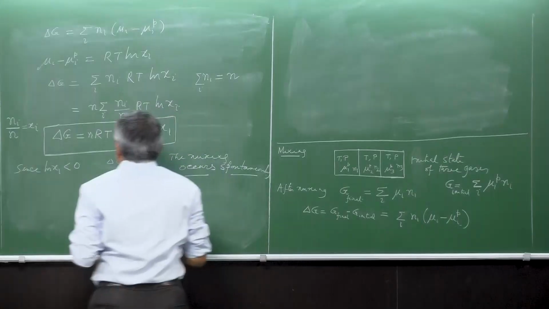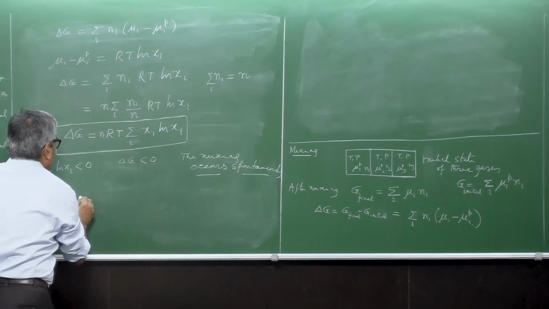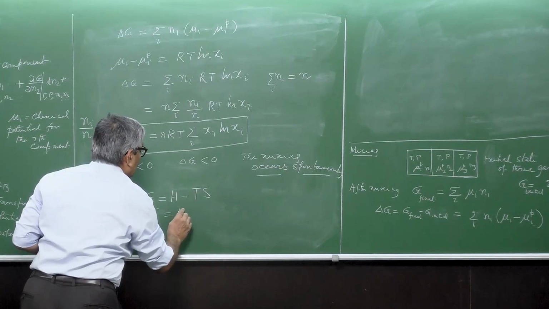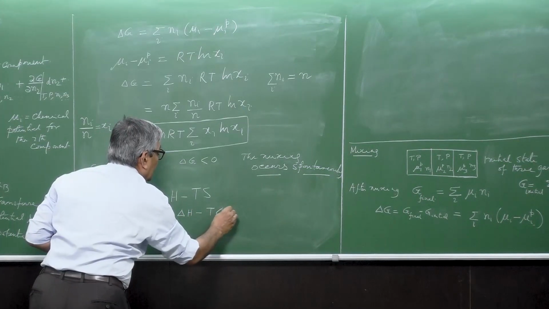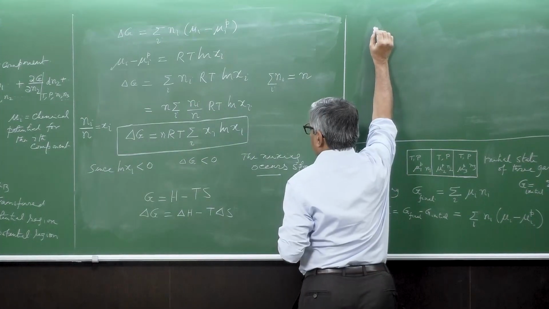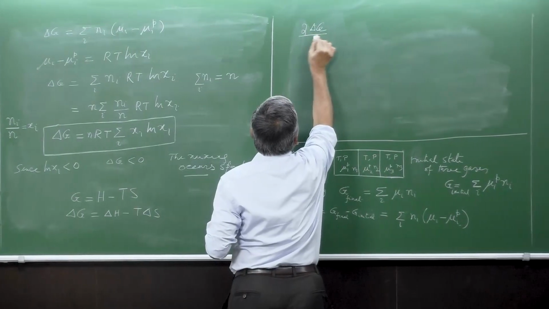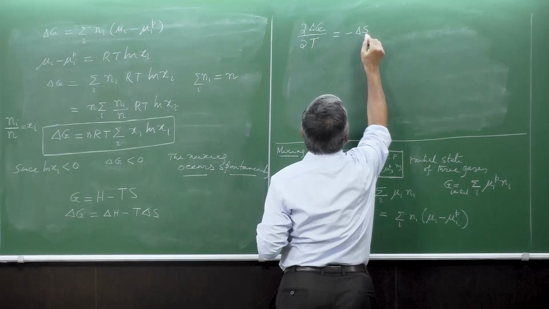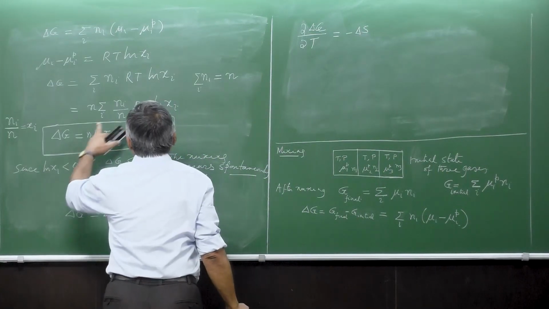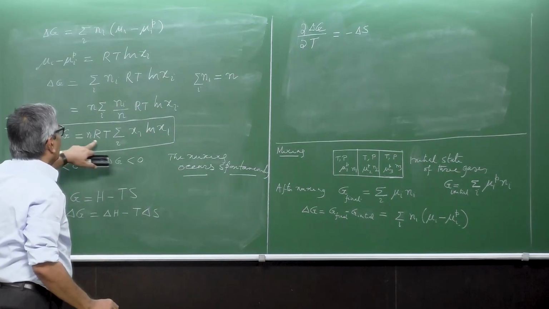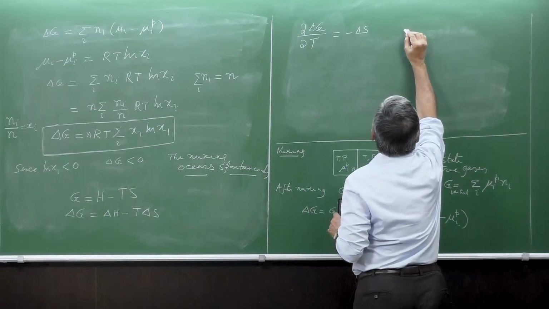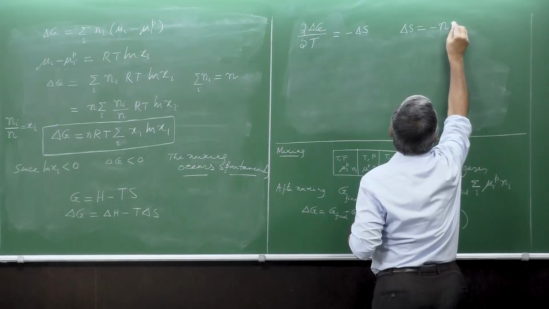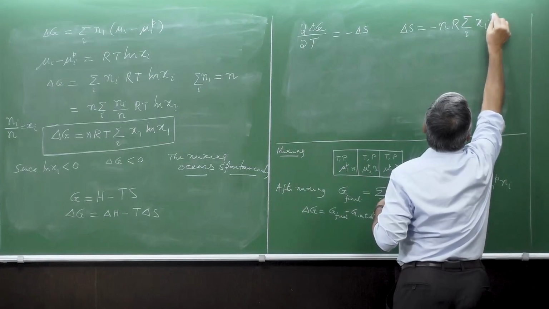So, suppose we know that G equals H minus TS, or delta G equals delta H minus T delta S, and that gives me that the partial derivative of delta G with respect to T equals minus delta S. So if I differentiate this quantity with respect to T, I have a very simple form, and that is equal to delta S. Easily you find out it is minus nR sum over xi ln xi.